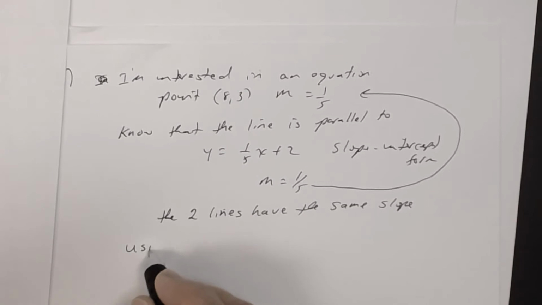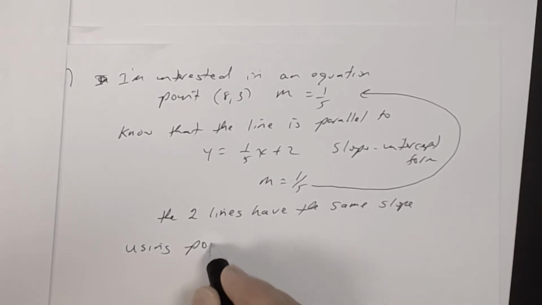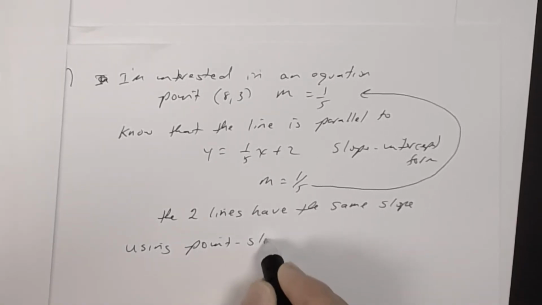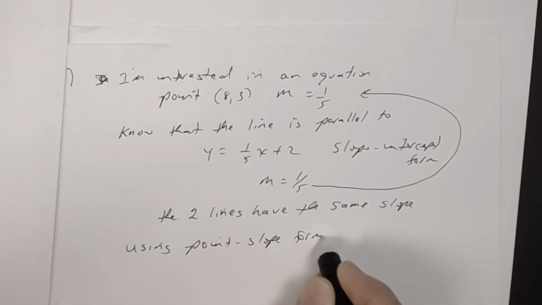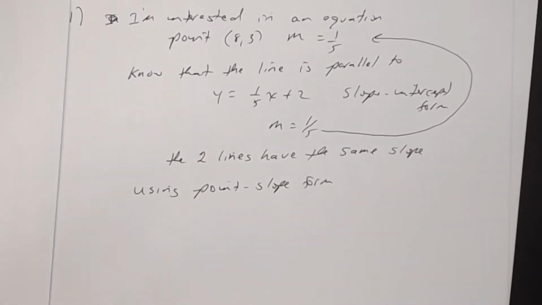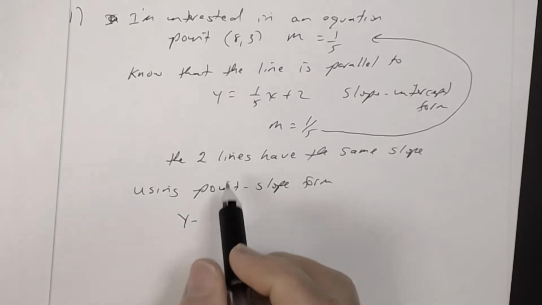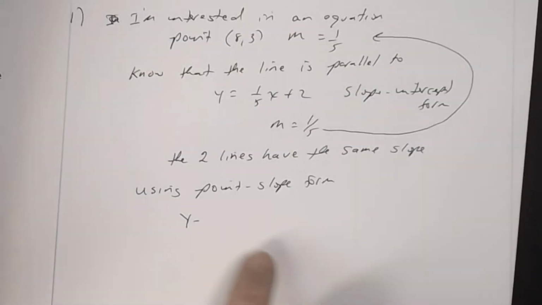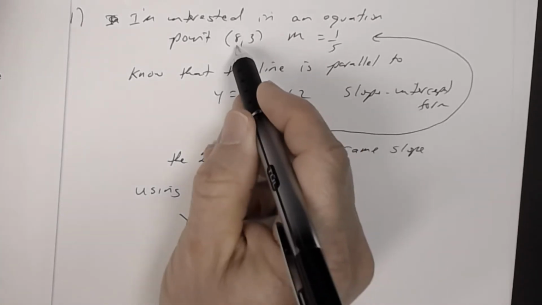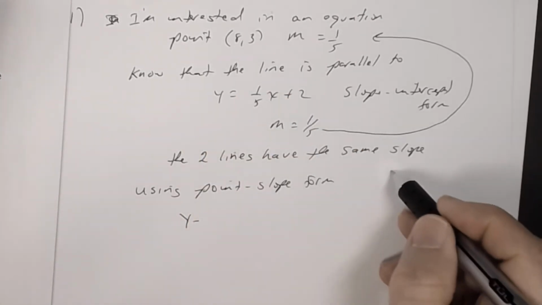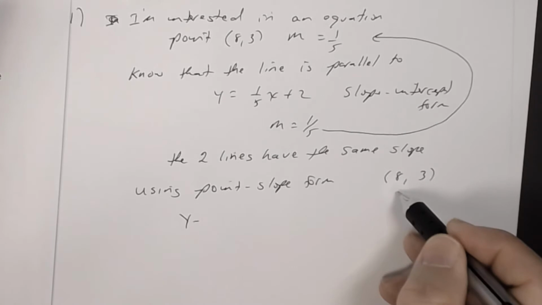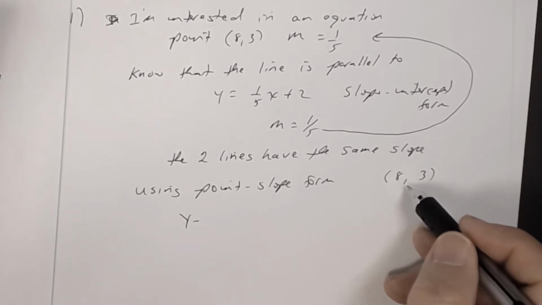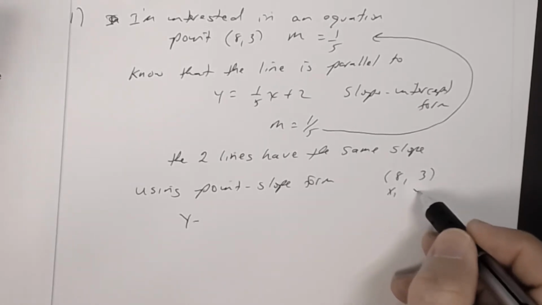So using point slope form, I get this. Remember, y minus y1 equals the slope times x minus x1. It helps if you denote this, so I would write the point again, the ordered pair, and label it as x1, y1.